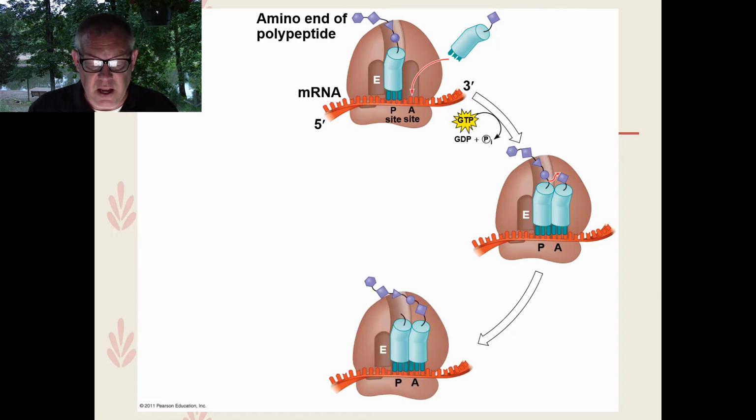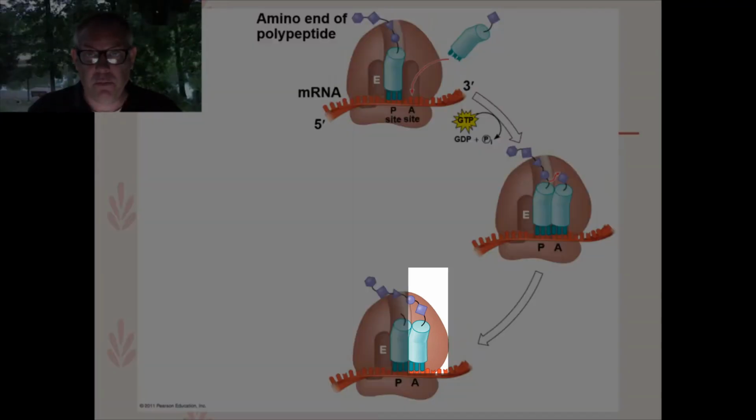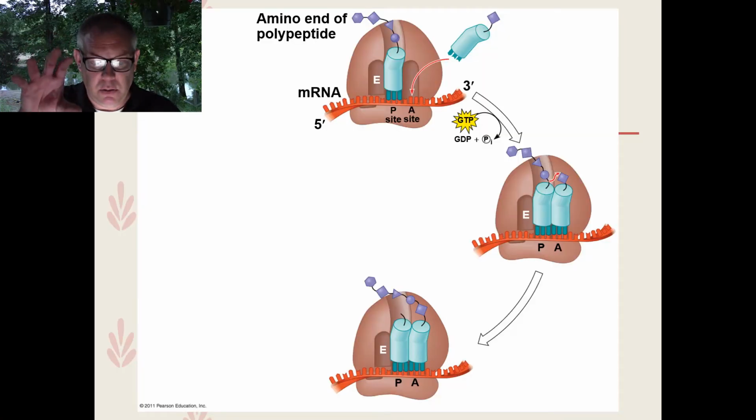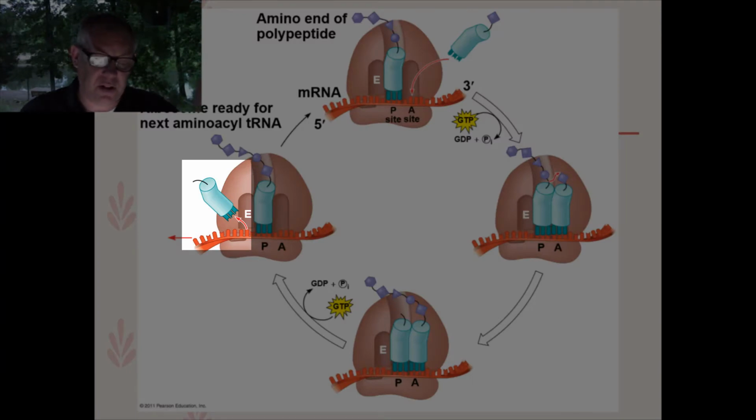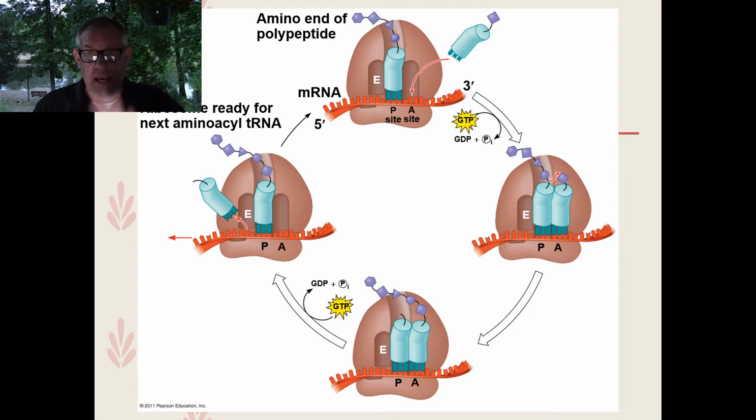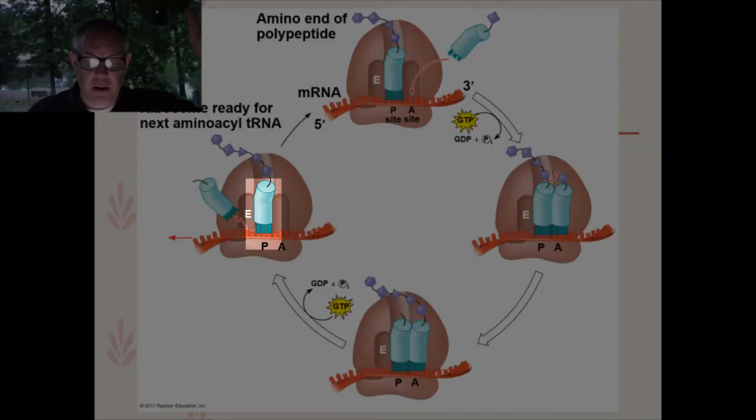And so in this stage now, you see that the polypeptide is on the new tRNA. The old one doesn't hold anything. Now the ribosome clicks over to the next codon, and so the old tRNA is now in that E site, and so it gets ejected. The new tRNA is now in the P site, and it's got the whole polypeptide.